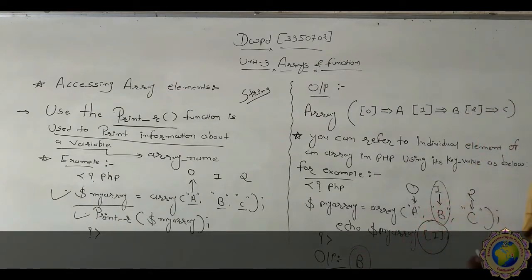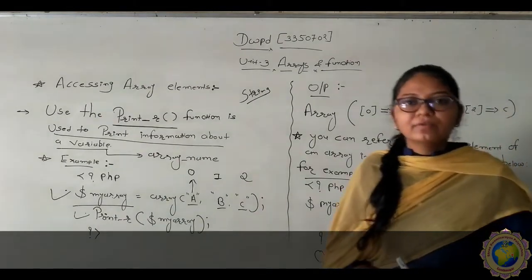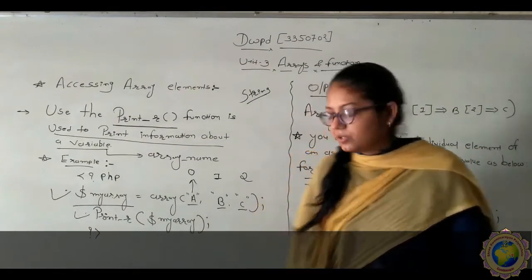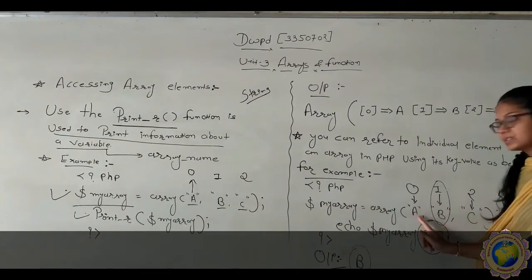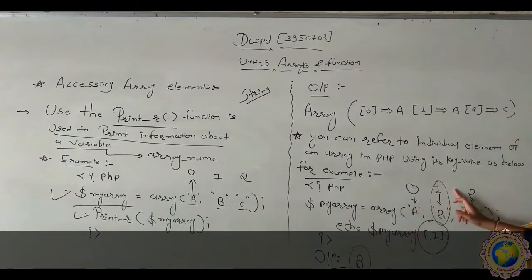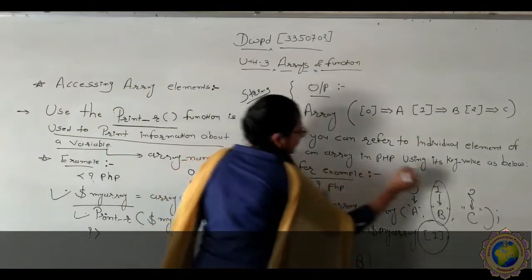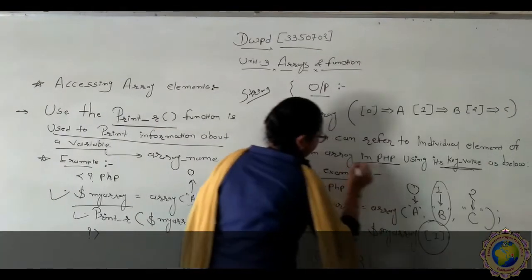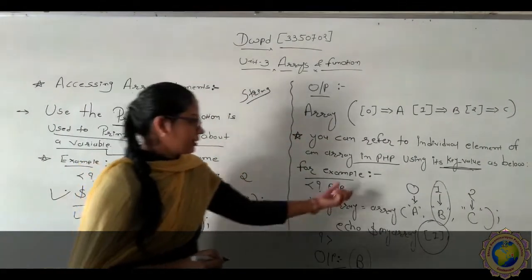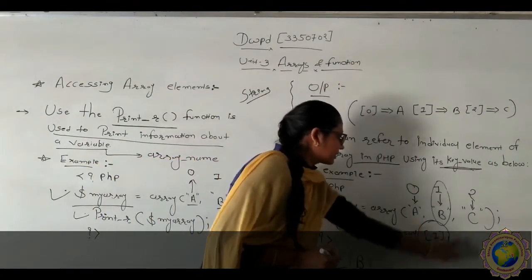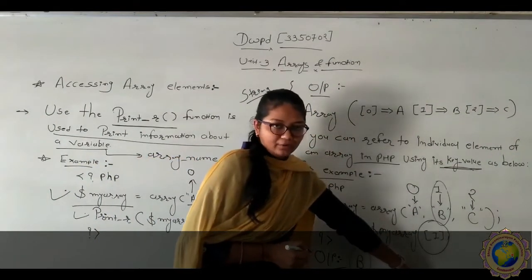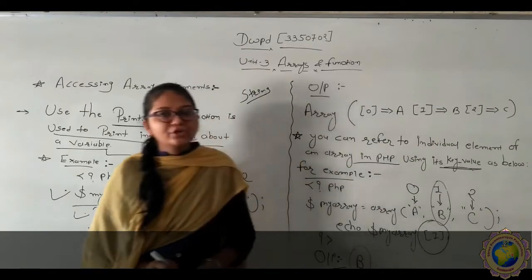Because the index array always starts with 0. So starting with 0 is A, second, 1, is B, and 2 is C. Following this, the program is using the key value in PHP. The declaration here is nothing but our key value. Then next, let's start the next topic.